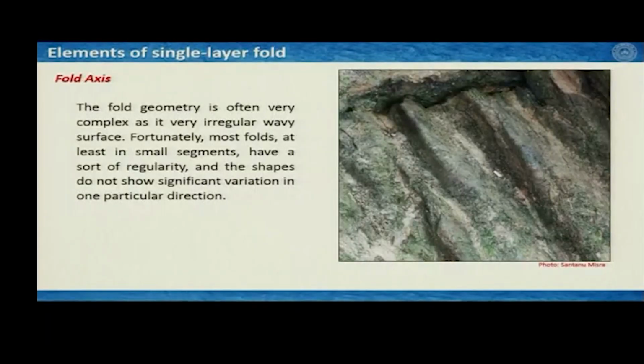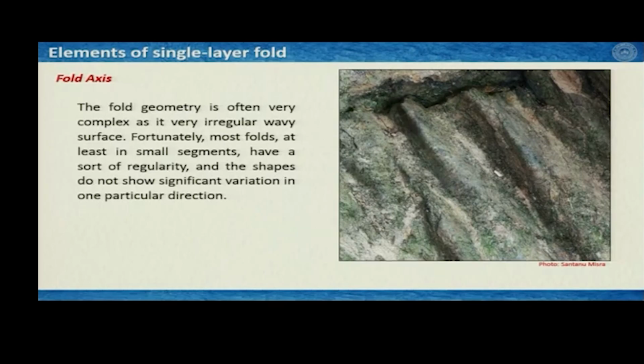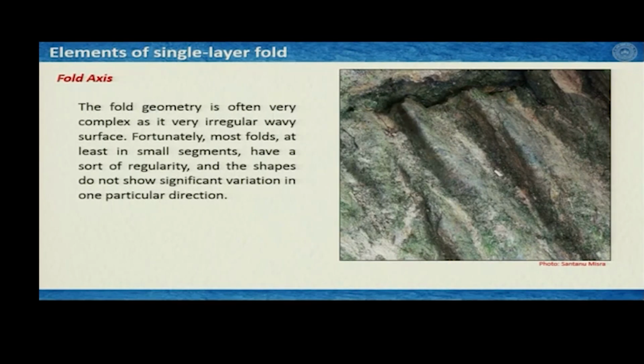This is because the fold geometry is often very complex and it is a very irregular wavy surface. It is not a typical sine curve that is consistent in its third dimension. And this photograph we see here is an excellent example of such irregularity.